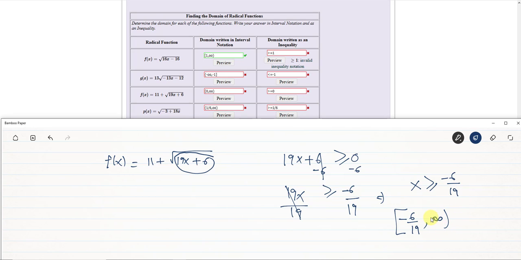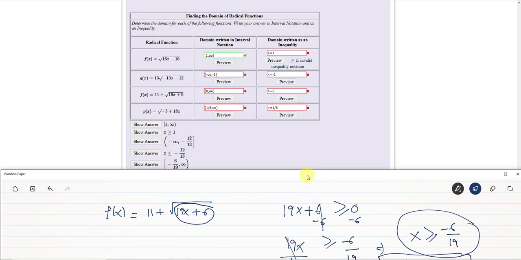Again, infinity is not a defined value, so we never use the closed bracket because we do not include the endpoint of infinity. So this is your interval notation, and this one here is your inequality notation.